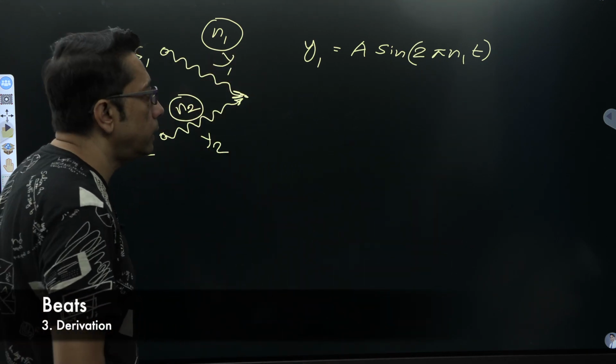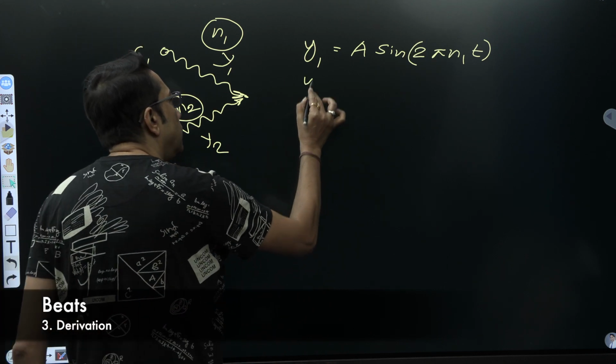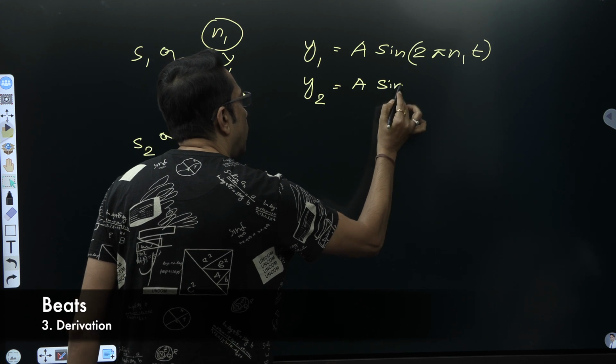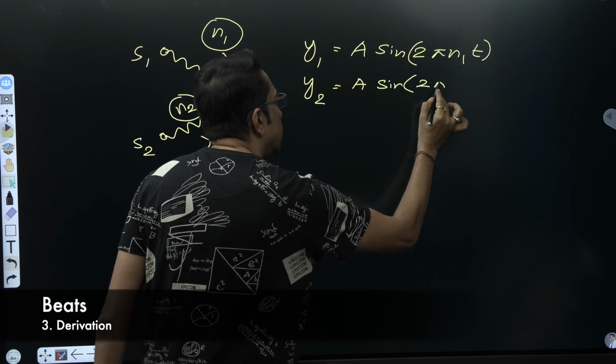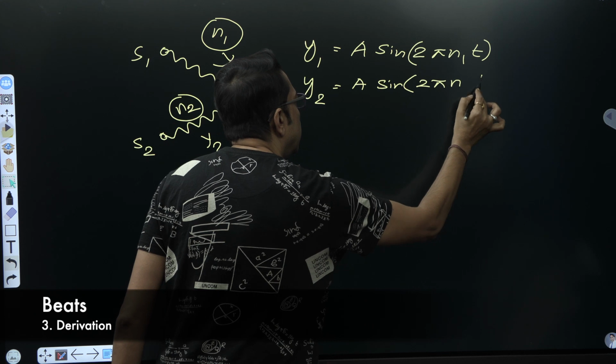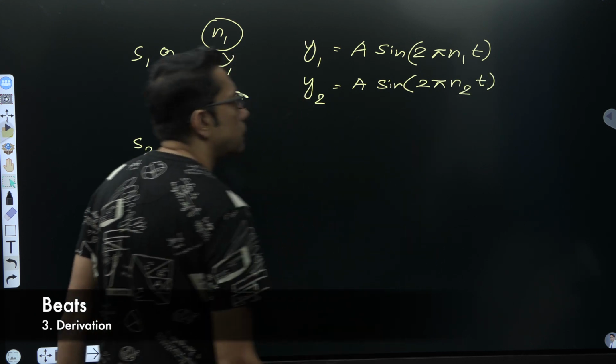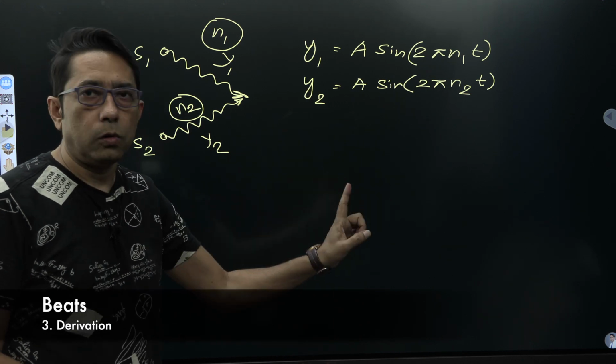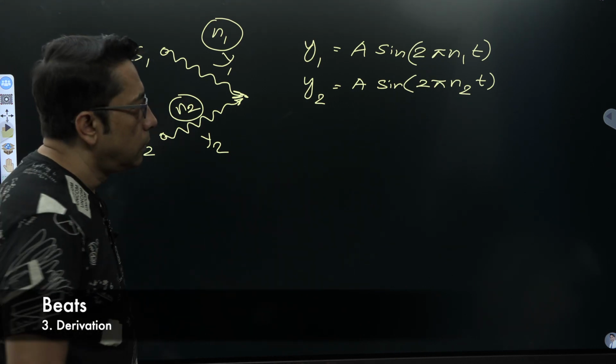That's why A sine 2 pi n1 t. Similarly, y2 can be given as A sine omega t, so omega is 2 pi n into t, but n for the second sound is n2. That's why 2 pi n2 t plus phi, no phase difference.